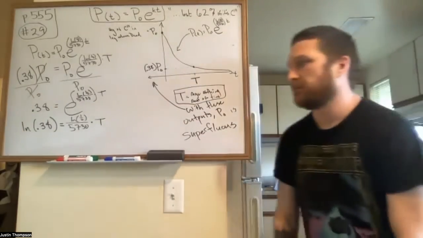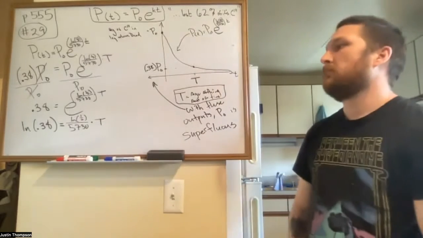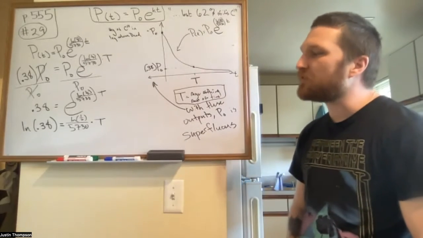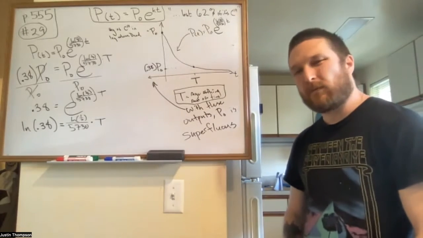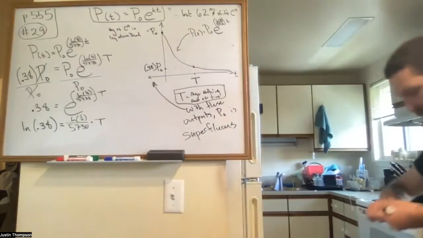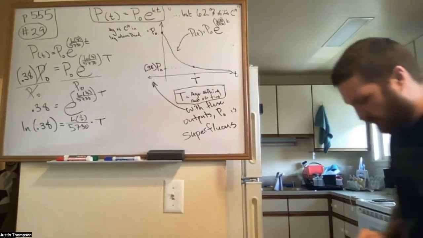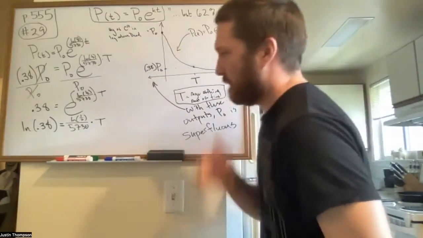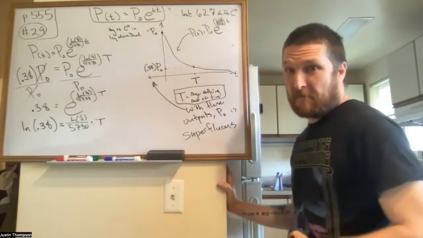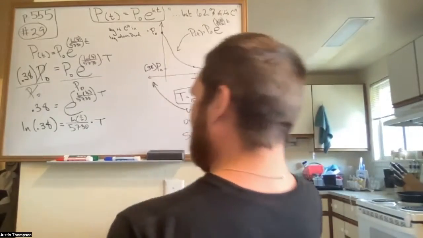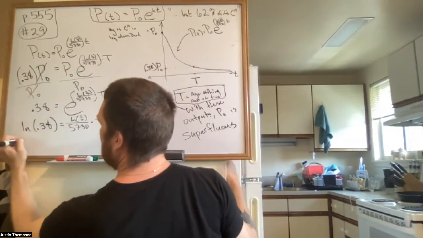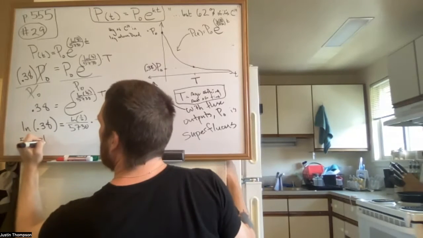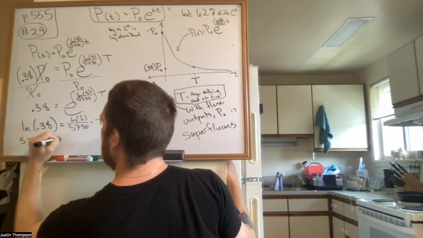Now you divide by K. There's another way of doing that. What do we do to fractions? I have a denominator, and I'd like to kill it. So I'm just going to kill it, multiplying both sides by 5730.